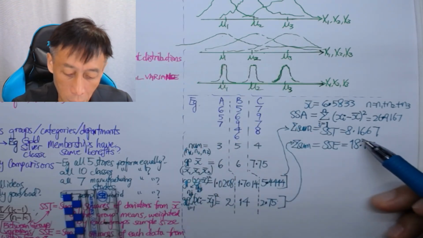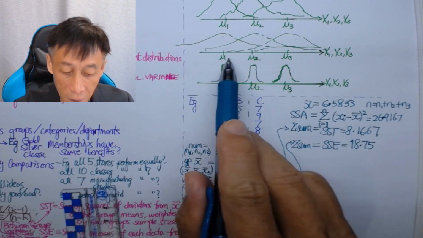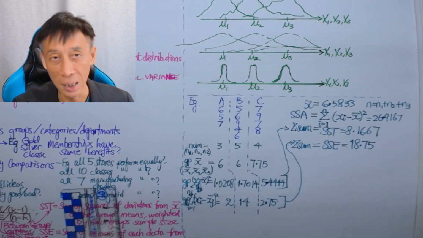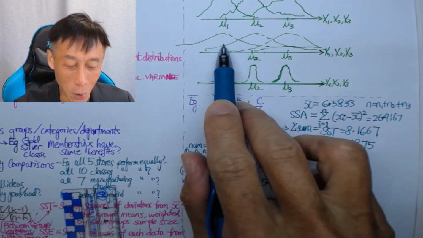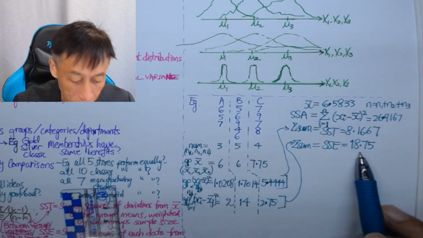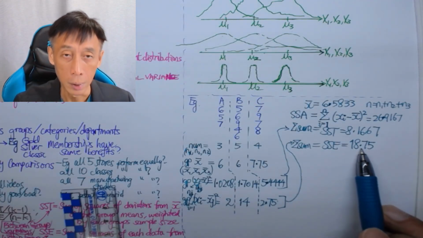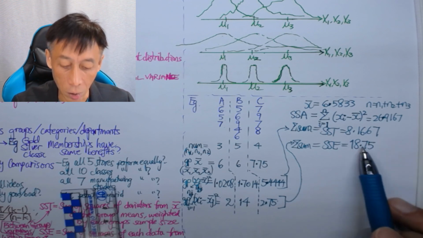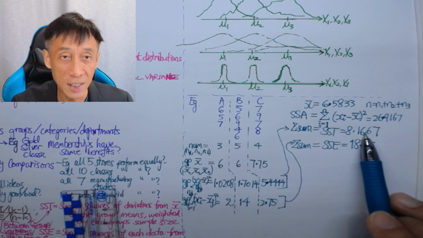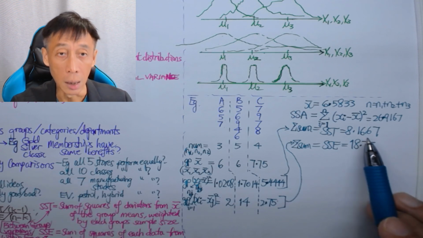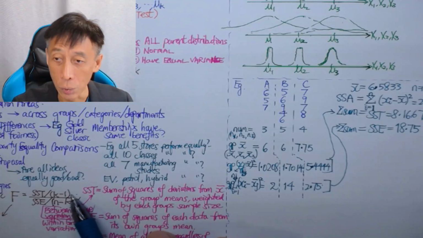But you can see from this summary that the inside noise, think of SSE as the inside fluctuations, inside noise, because this is clarity, this is noisiness, right? So the internal noise of each group is basically a lot more than between groups. But we haven't standardized it to the per unit measurement yet, remember? So we have to do that.